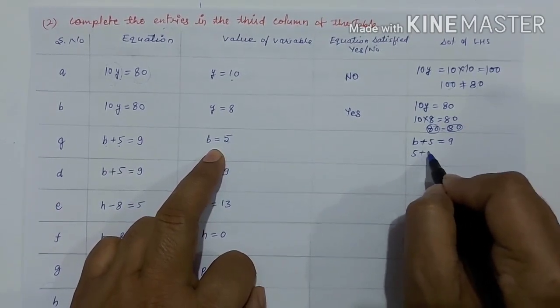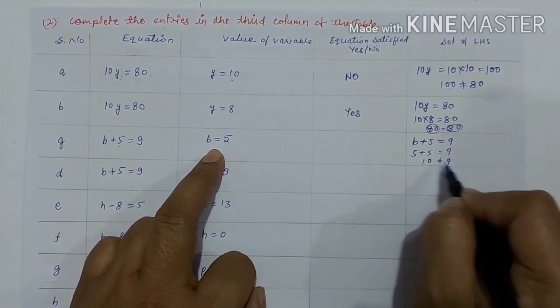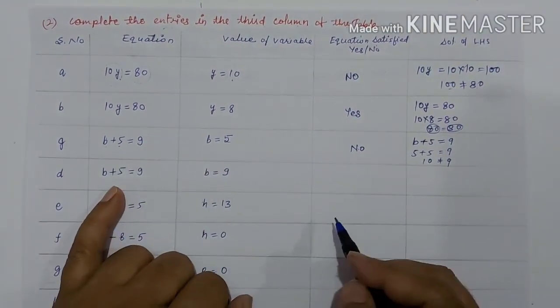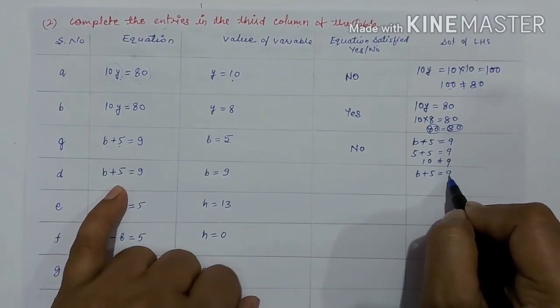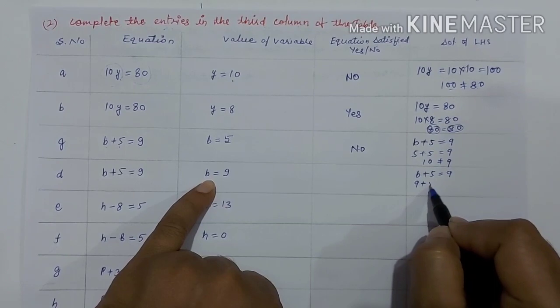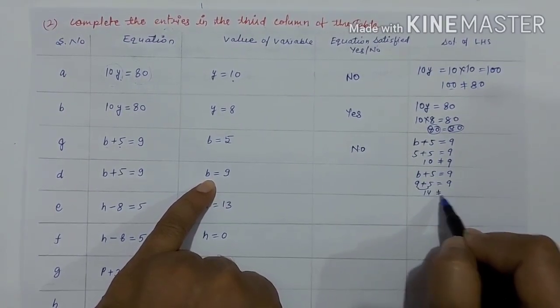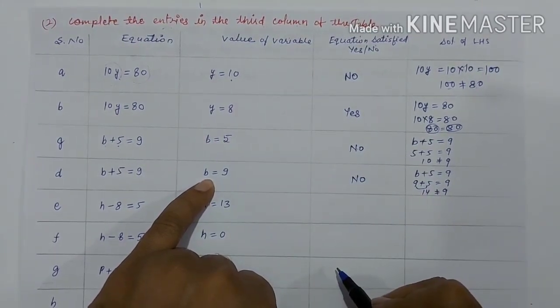So 5 + 5 = 10, which is not equal to 9, so the answer is no. Next, for b + 5 = 9 the b value is 9. 9 + 5 = 14 is not equal to 9. It means the answer is no.